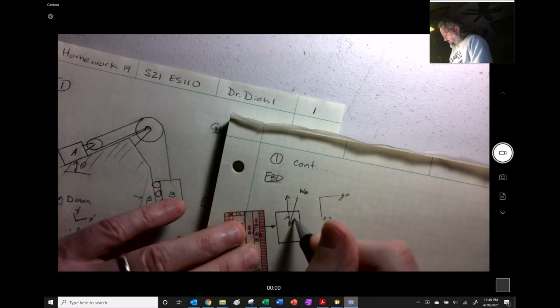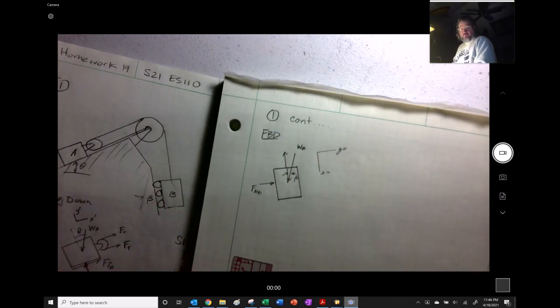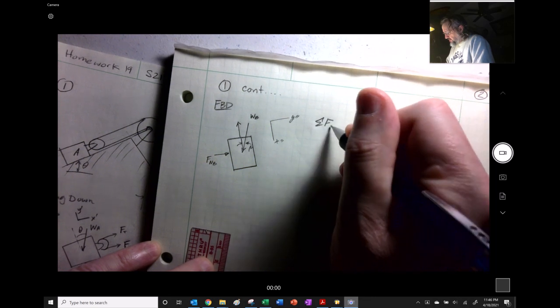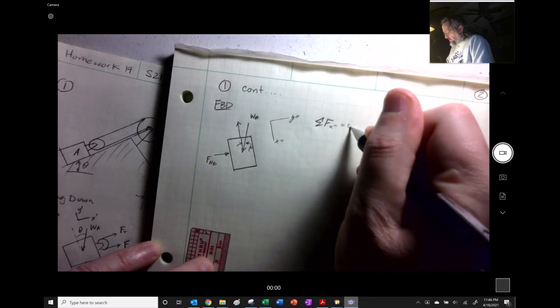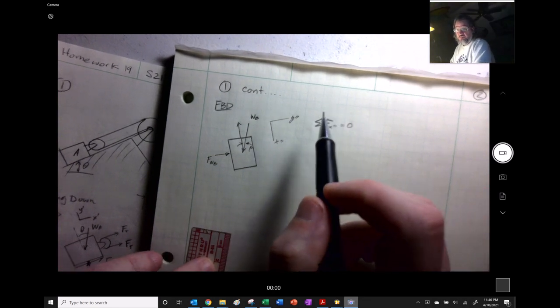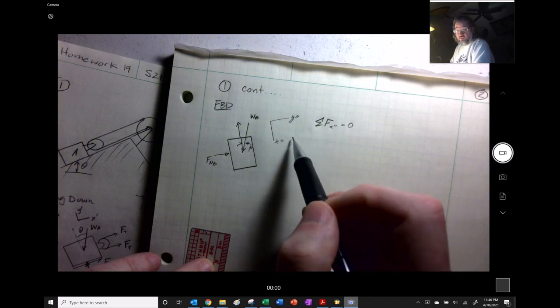So put it right there. Beta. So the sum of the forces in the x double prime direction has to equal 0. We don't really care about what happens in the y double prime direction.